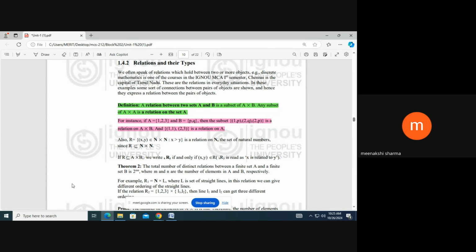We have two sets A and B, and the Cartesian product of A and B has subsets called relations. If we have just one set A, the Cartesian product of A and A has subsets of A. For example, set A has three elements 1, 2, 3 and set B has P, Q. The Cartesian product of A and B is 1P, 1Q, 2P, 2Q, 3P, 3Q.